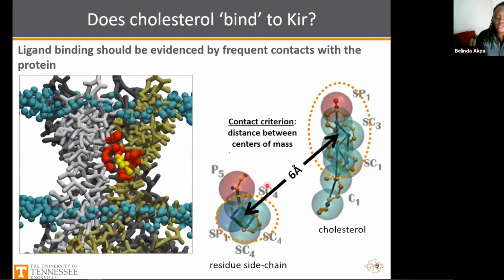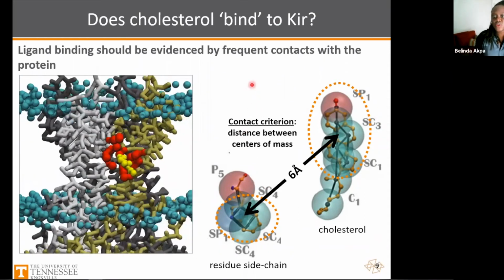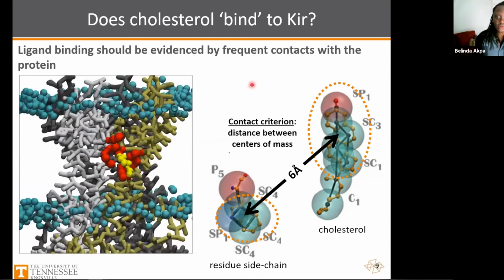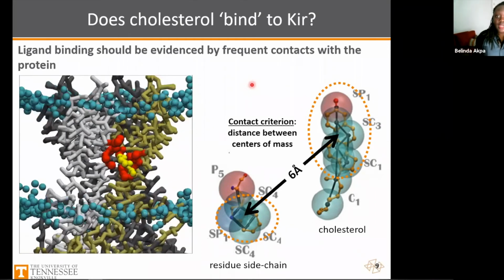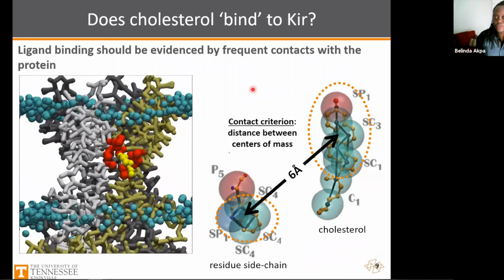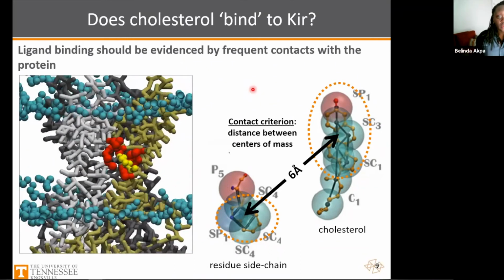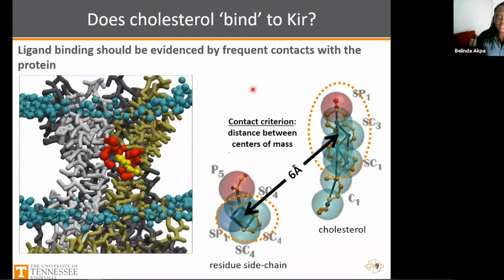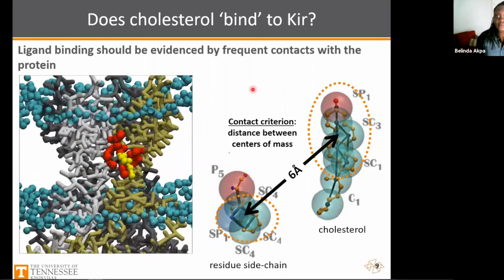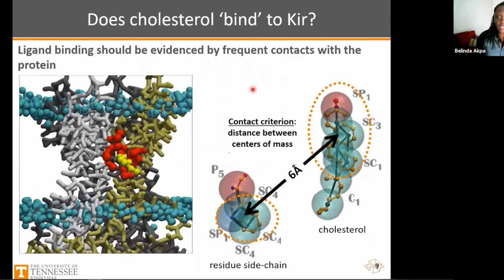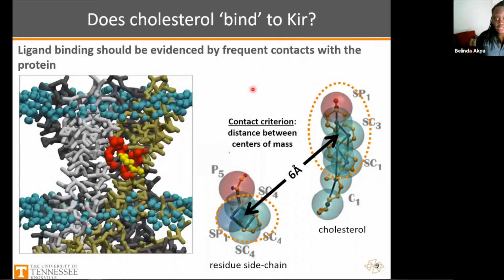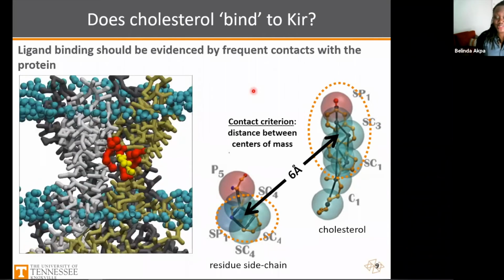Okay, so I told you we have this massive data set that has all these X, Y, and Z coordinates for all of these particles over time. And we ask ourselves, how am I going to find a binding event? Well, one way it's been done previously is to simply look for contact between the ligand and the protein. And so we have to define what we mean by contact quantitatively in terms of those X, Y, and Z coordinates.